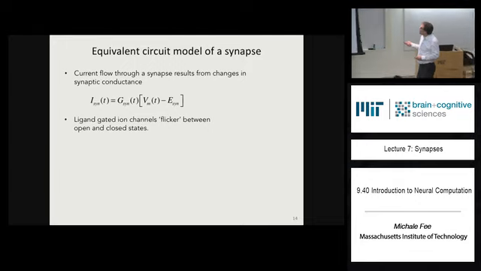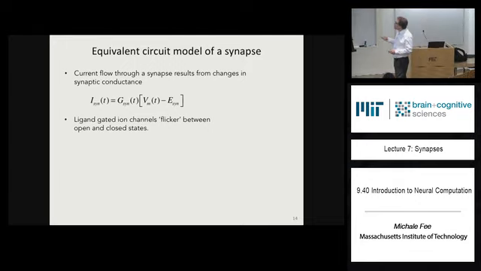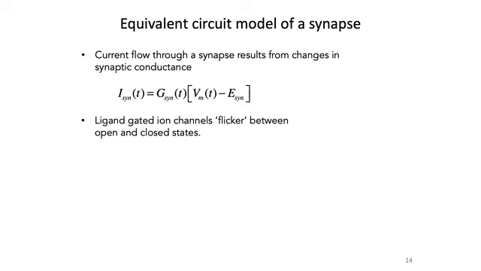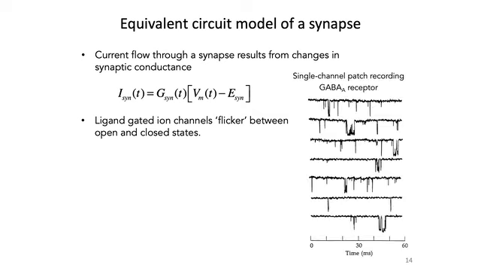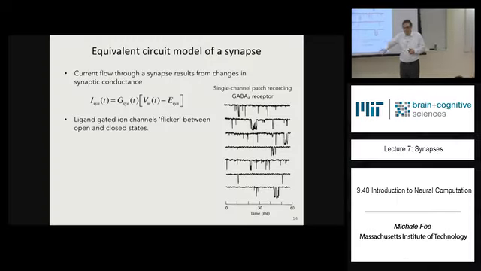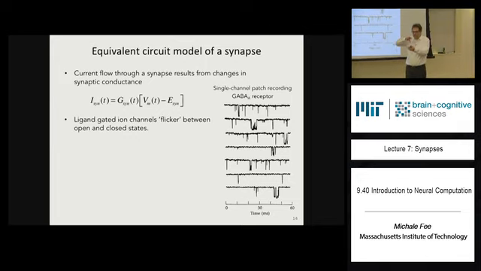All right. Let me just talk a little bit more about this conductance. So if you do a single channel patch experiment, you can take an electrode. Remember I showed you what it looks like if you take an electrode and you stick it on a single sodium channel or a single potassium channel? Well, you can do the same thing.